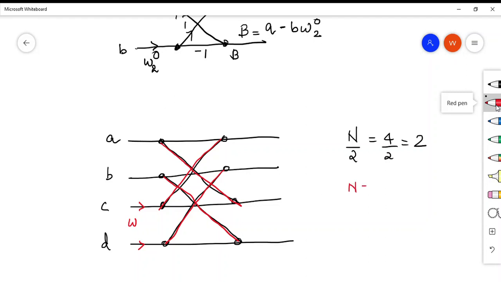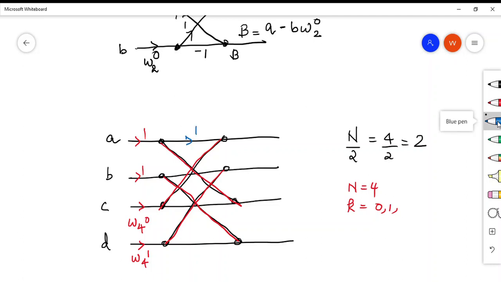So here n is equal to 4 and k will be from 0 to n minus 1, which means it has to be 0, 1. So this is W4 raised to 0 and W4 raised to 1, and all other branches will be having value 1, 1.